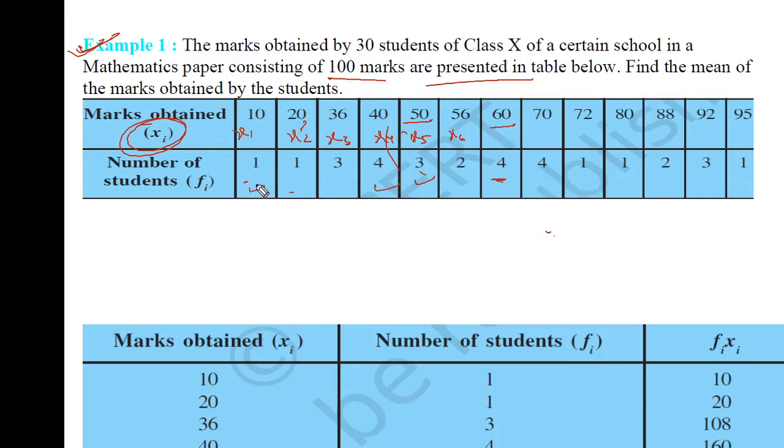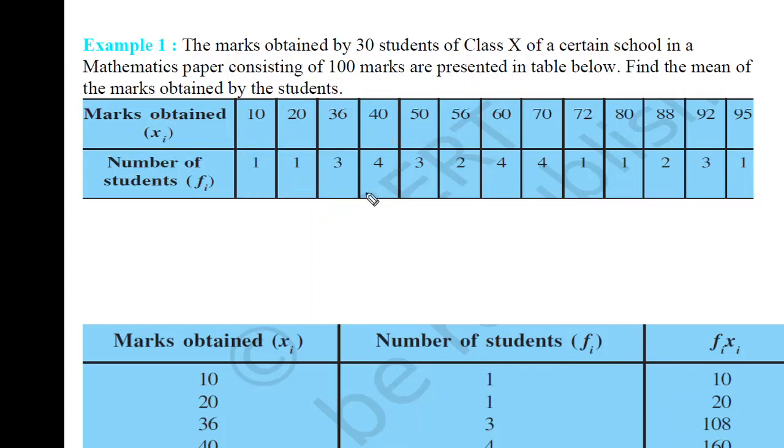For frequency we are using f: f1, f2, f3, f4, f5, f6, f7 and up to fn. So these are x or observations, these are frequency or f.